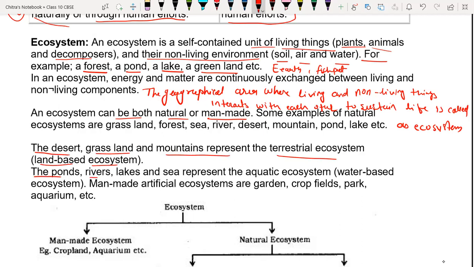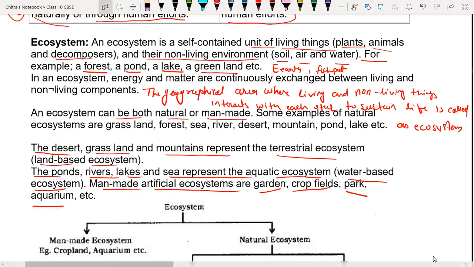The pond, river, lake, and sea are aquatic ecosystems, meaning water-based ecosystems. Man-made ecosystems are also called artificial ecosystems, like garden, crop field, park, aquarium, etc. Everyone, any doubt here? Keep replying, beta. I'm waiting for your response.